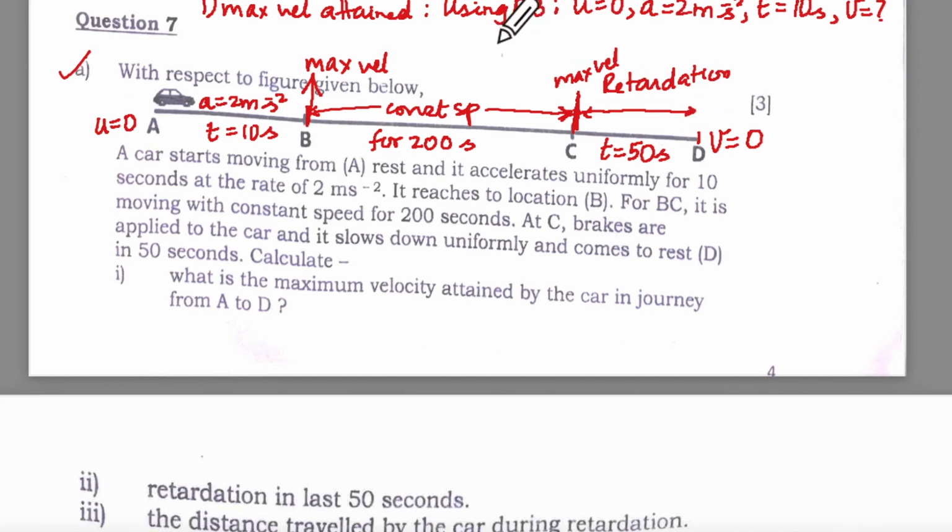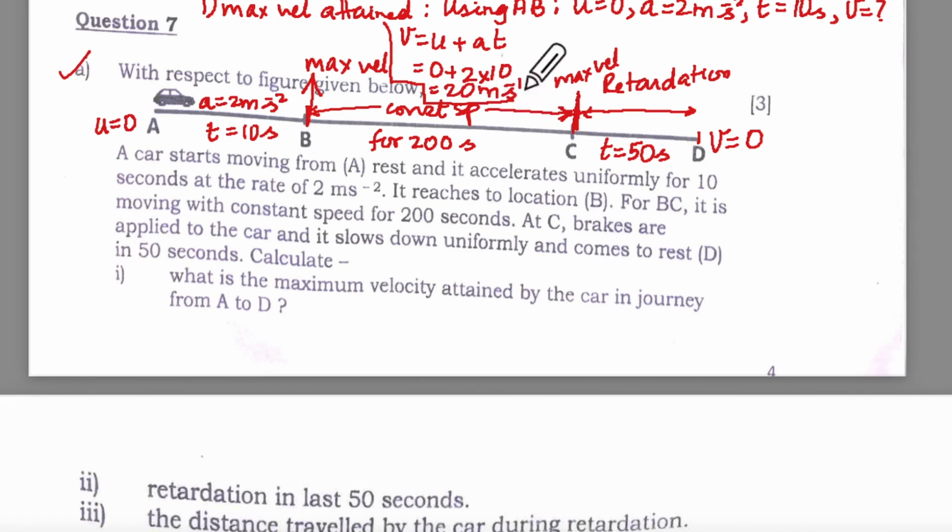Which equation of motion should I use? V is equal to U plus AT. Okay, can you substitute and get the answer? Yes, ma'am. V equals 0 plus A is 2 and T is how much? 10. So how much is that? 20 meter per second. So what is the maximum velocity attained?